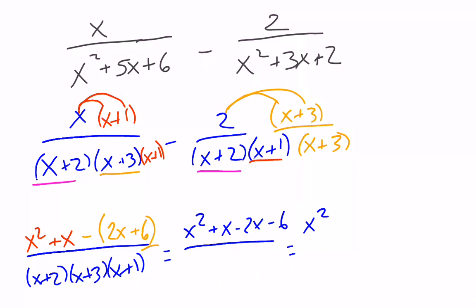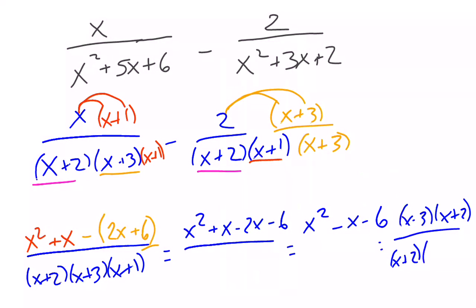So that would be x squared minus x minus 6, which, hey, will factor, and I'll get x minus 3 times x plus 2 over my denominator, which has an x plus 2, so those are going to cancel.